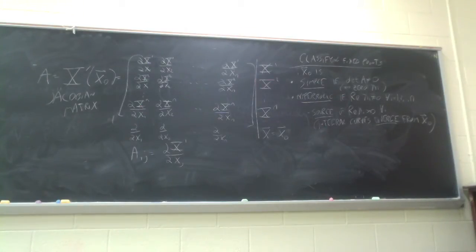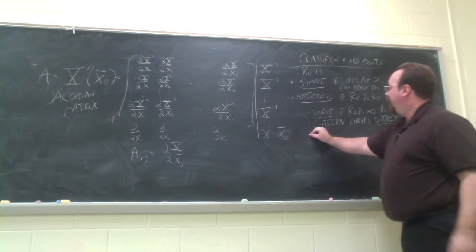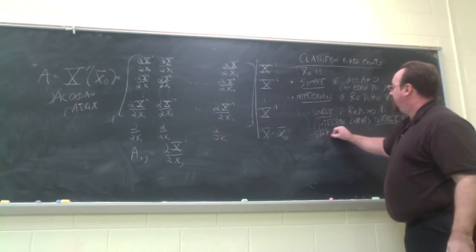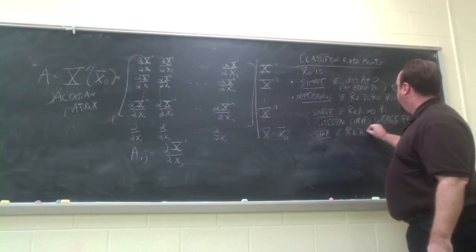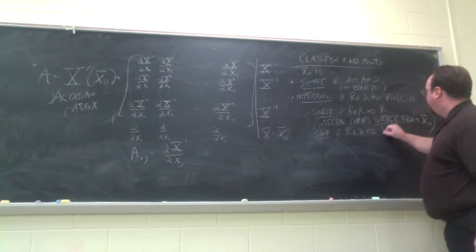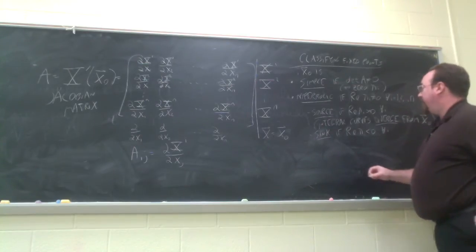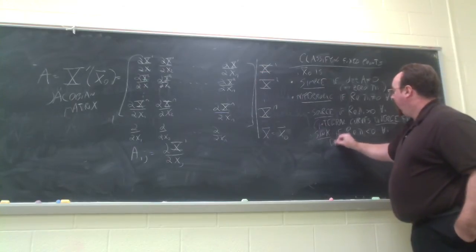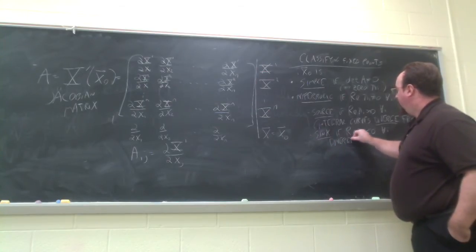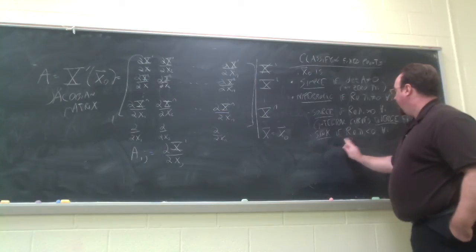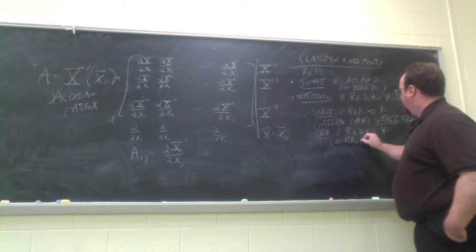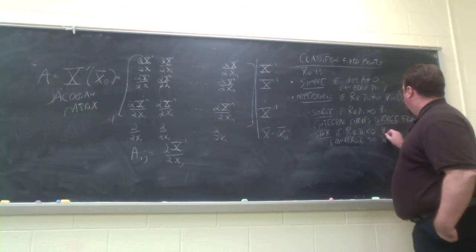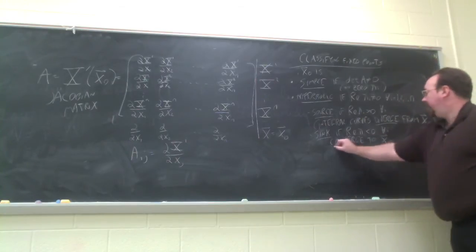Now, the opposite of that we call a sink. That happens if the real part of all the eigenvalues is negative. So in that case, the integral curves converge to x naught.